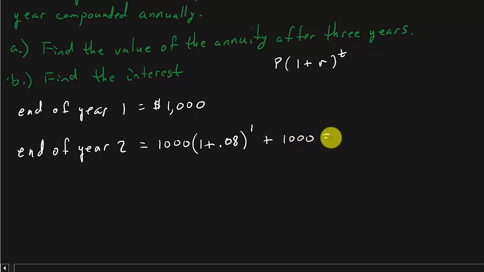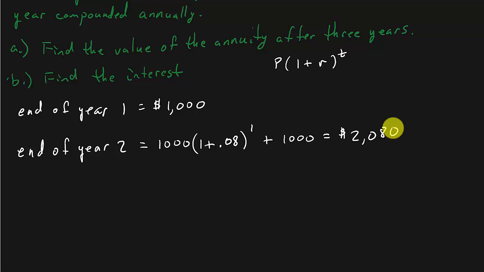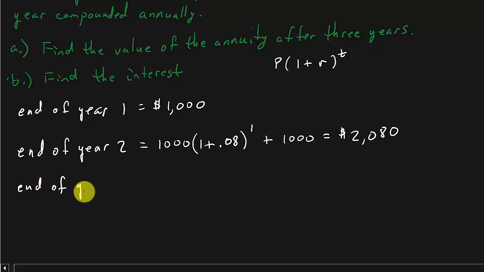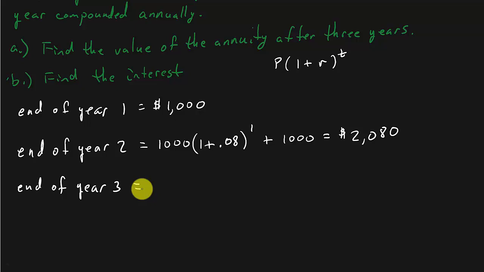When you calculate that, you get $2,080. Let's see, 1,000 times 1.08, yep, so that's $2,080. Then we've got to do the end of year 3, from the end of the second year to the end of the third year.